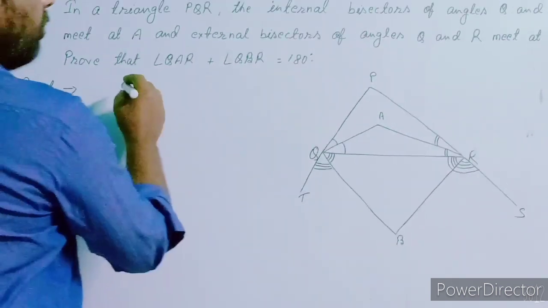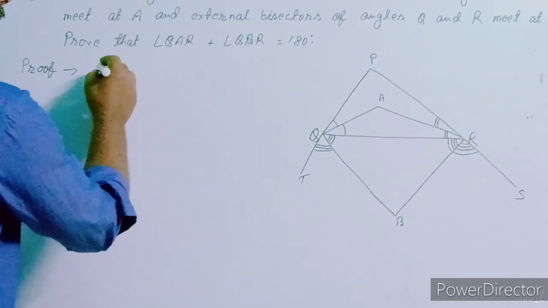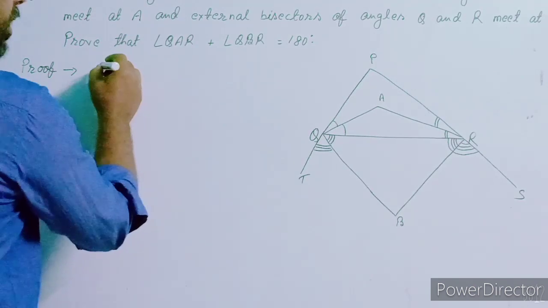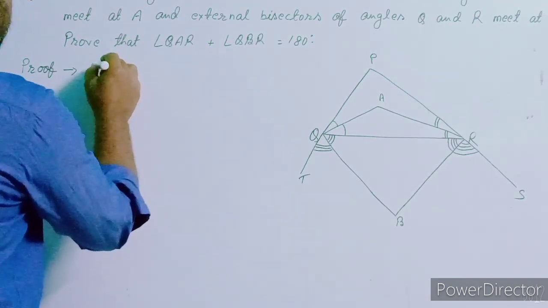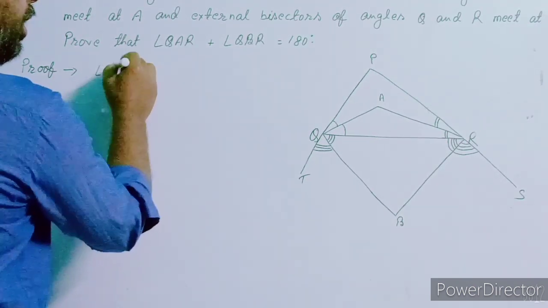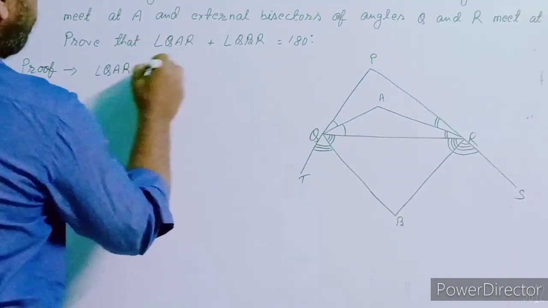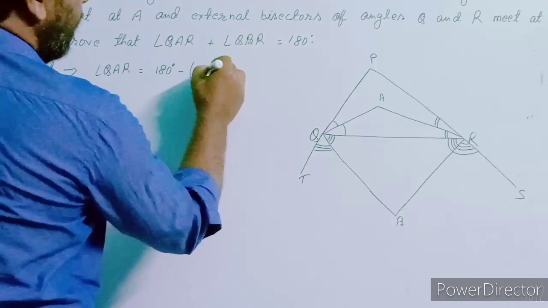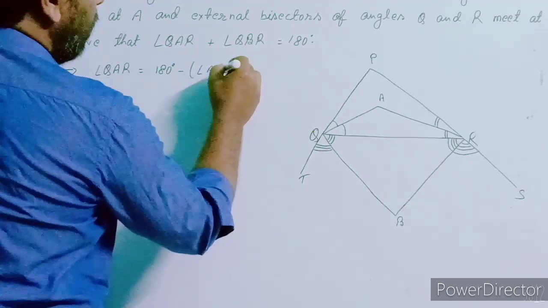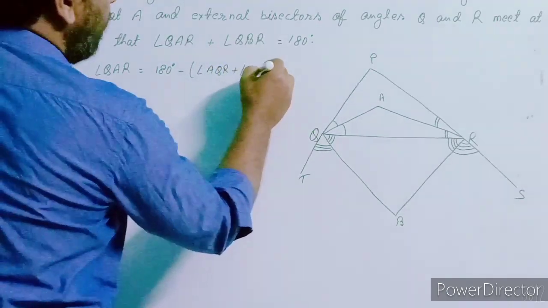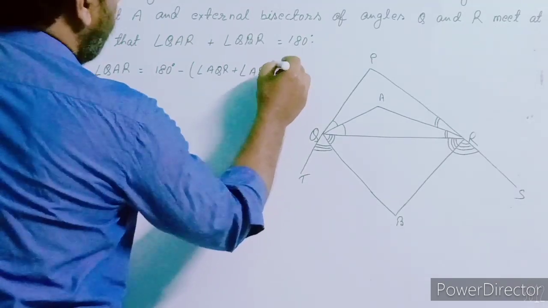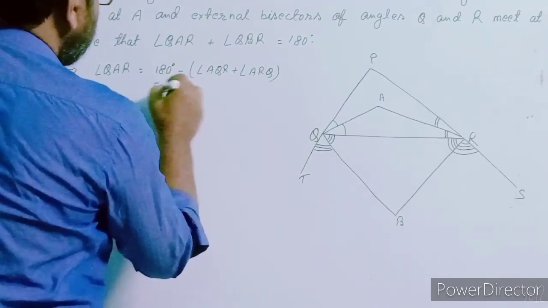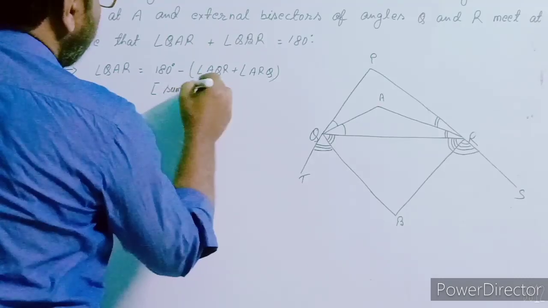In this, we write angle QAR equal to 180 degree minus angle AQR plus angle ARQ. For this, we give the reason sum of angles of a triangle.